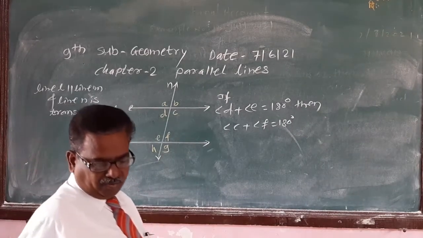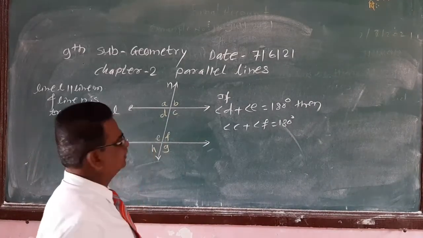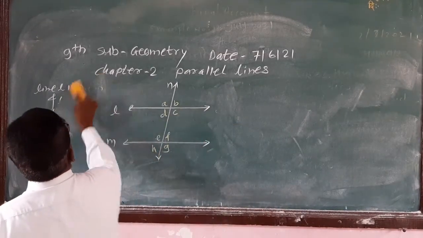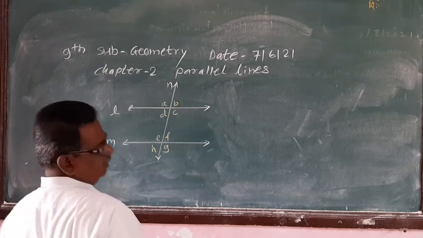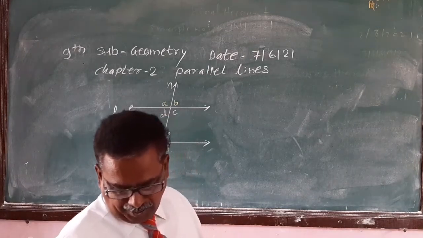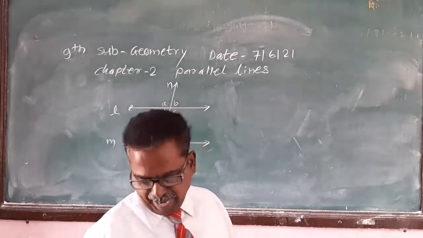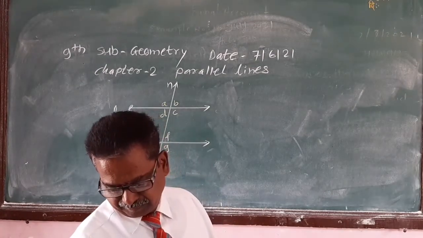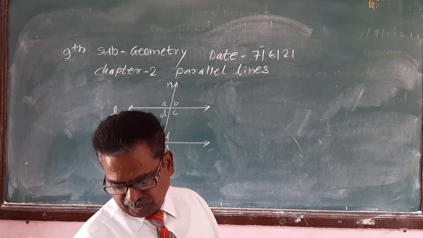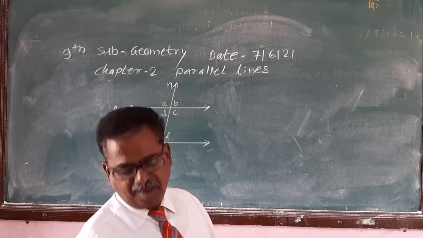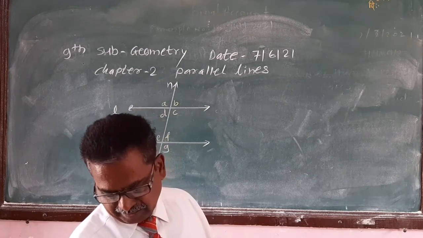Okay. Now come to the next point. Theorem: If two parallel lines are intersected by a transversal, the interior angles on either side of the transversal are supplementary.